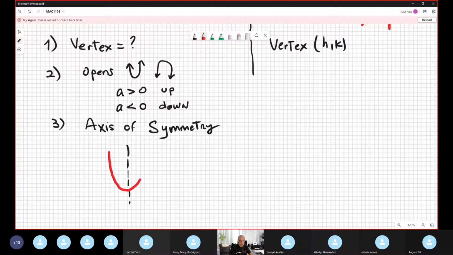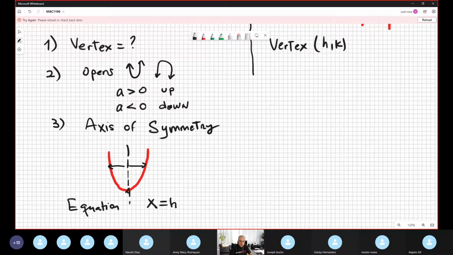Suppose this is our parabola, and this is a perfect axis of symmetry, because that part of the parabola is identical to that part of the parabola. And by the way, the equation of the axis of symmetry is x equals something, because it's a vertical line, and x equals h, because h represents the first component of the vertex.